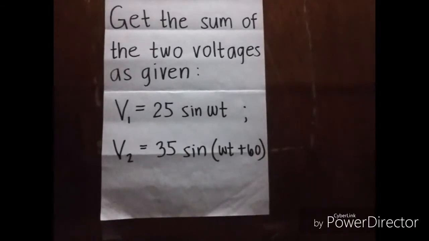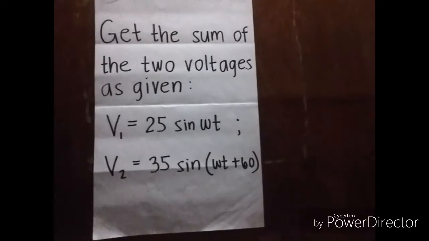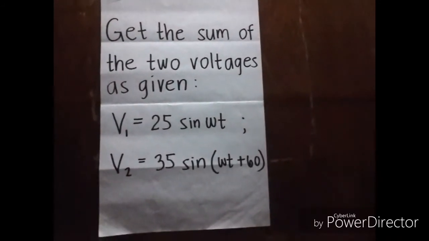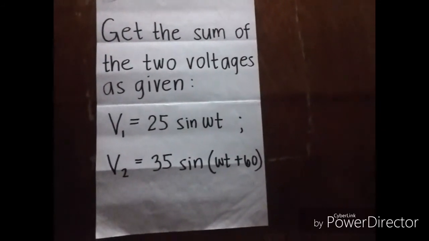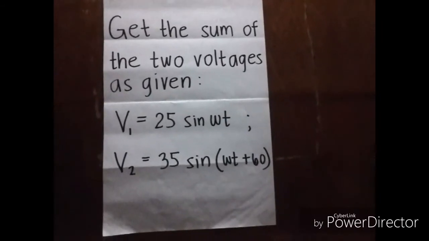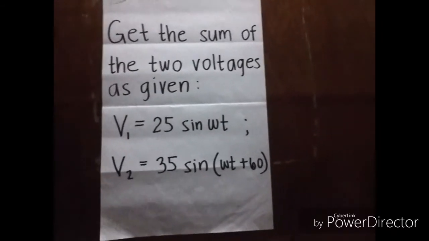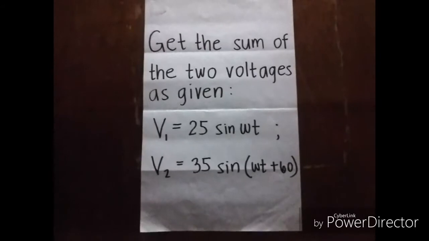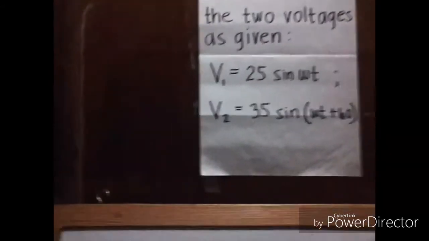As you can see, the phase shift is an acute angle. So you already know that if it is an acute angle, we will use the cosine law. So here we go. Get your calculator and solve ahead of me.